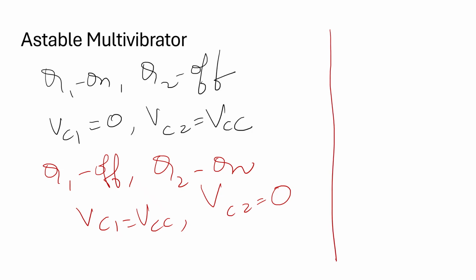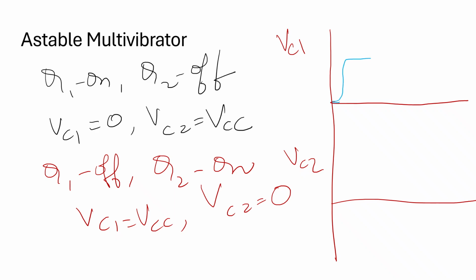So the collector voltages VC1 and VC2. Initially VC1 is 0. When Q1 is off, it shows a maximum voltage.